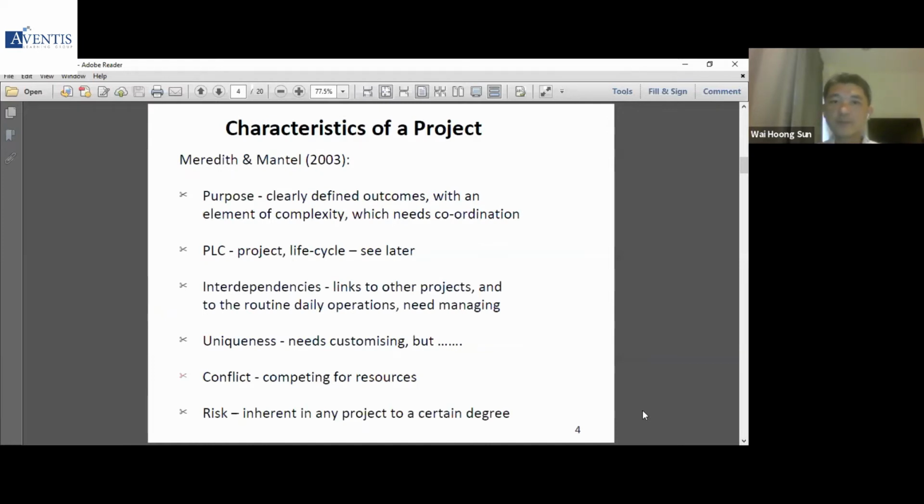So what are the important characteristics of a project? What are the parameters of a project? Now, first and foremost, the project needs to have a purpose, right? So there needs to be a purpose, there needs to be a clearly defined specification outcome for the project.